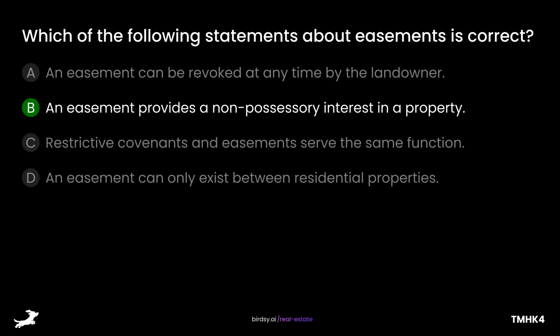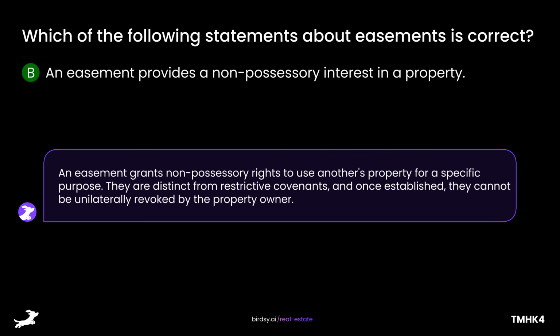The answer is B, an easement provides a non-possessory interest in a property. An easement grants non-possessory rights to use another's property for a specific purpose. They are distinct from restrictive covenants, and once established, they cannot be unilaterally revoked by the property owner.